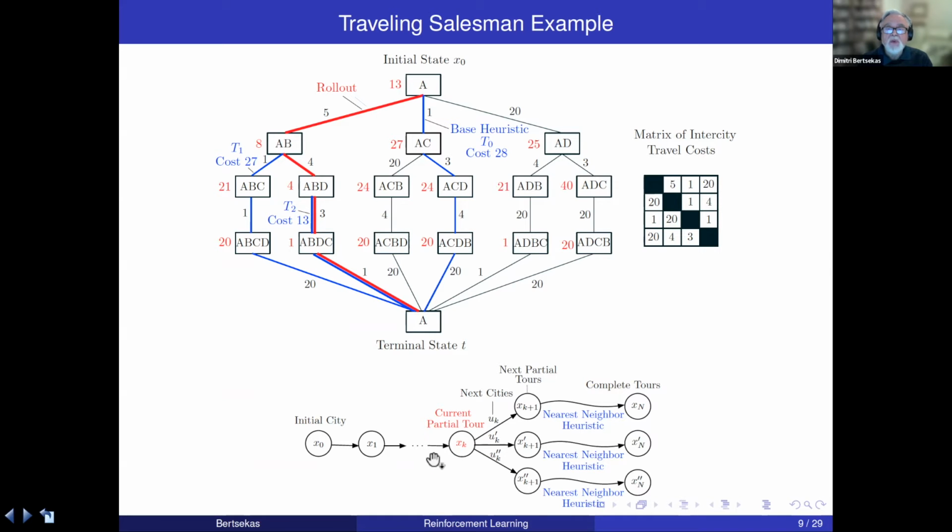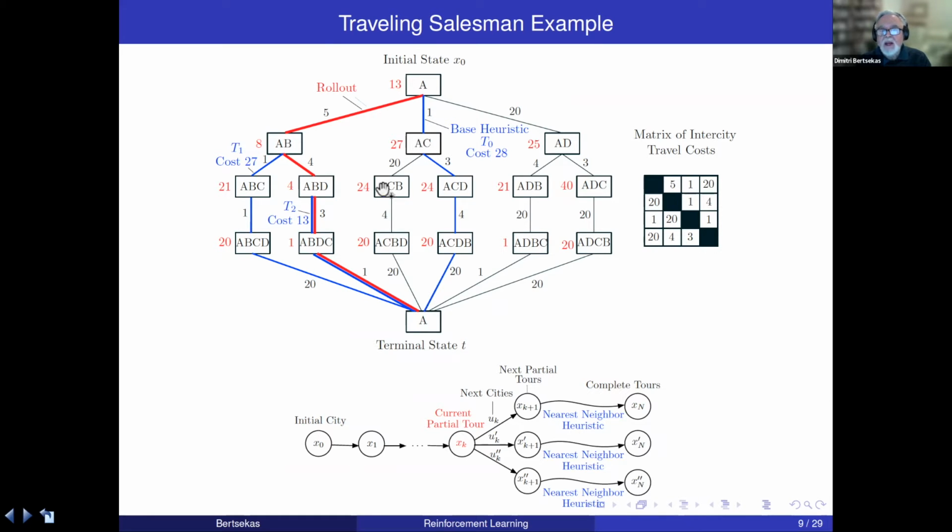So what I'm going to do now is demonstrate the rollout algorithm for the problem. Let's run the base heuristic, the nearest neighbor heuristic, from city A all the way to the end. Out of these three possibilities, this is the nearest neighbor, with a cost of 1. So we go here.